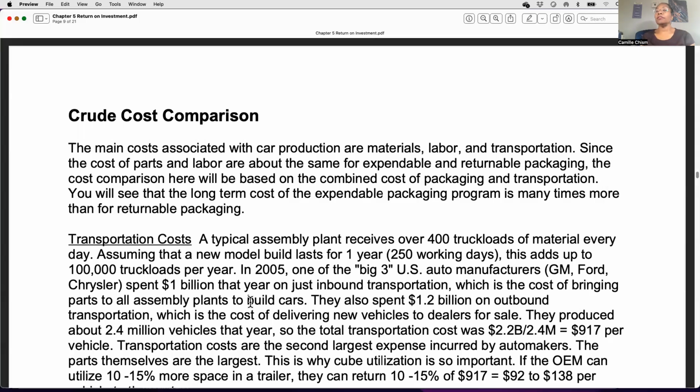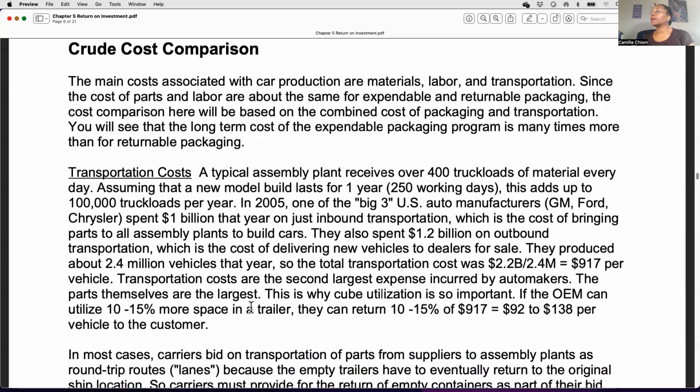So you really have to have a good justification to say, yep, it's worth buying this $150 roll pack and paying extra money for transportation to get it back. You've got to show that the cost of this container plus the transportation, handling, and everything is, over time, less than the cost of what you're paying for all the expendable packaging.